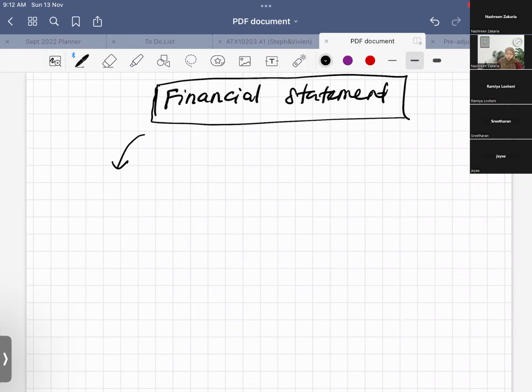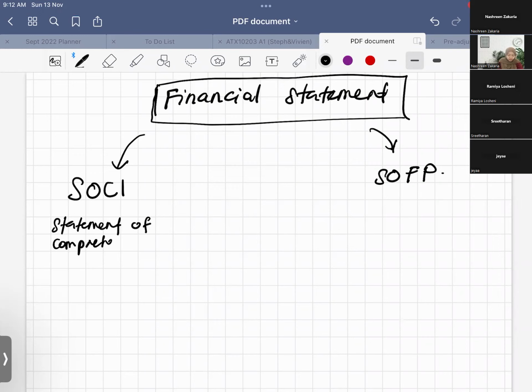Right. So the two main financial statements for today are, what is it? SOCI and SOFP. Okay, so what does SOCI mean? SOCI is the statement of comprehensive income, or it is also known as the income statement.